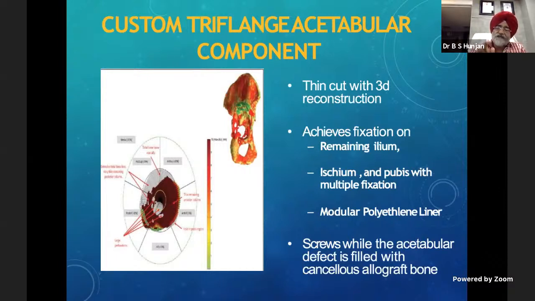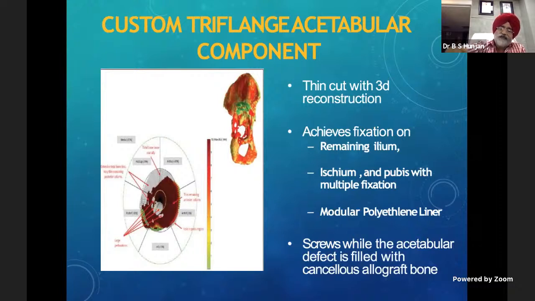If we have good ilium, we will have the hole for fixation in the ilium. In the ischium, we can get the hole for fixation in the ischium and in the pubic bone. So multiple fixations can be done, and then a modular polyethylene liner can be inserted, while the acetabular defect is filled with cancellous allograft.